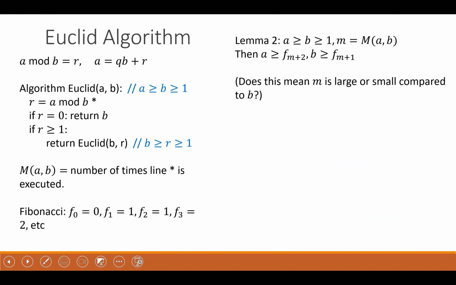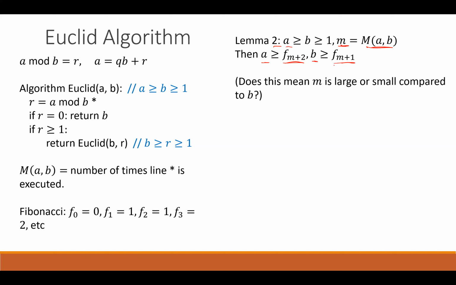All right. So we want to prove this lemma. We want to show that for the number of recursive calls M(A, B), for A and B greater than or equal to 1, if M is the number of recursive calls we make, then the size of A is at least the M plus second Fibonacci number, and the size of B is at least the M plus first Fibonacci number.